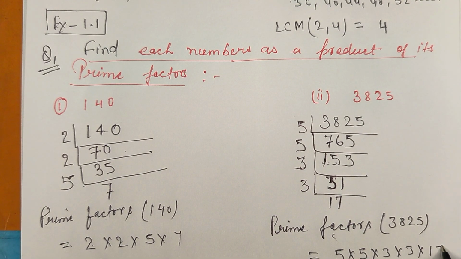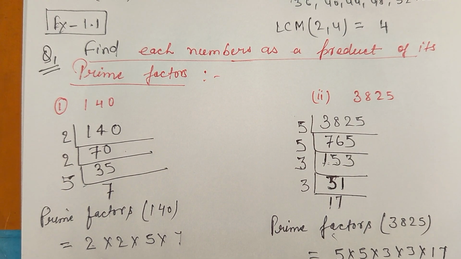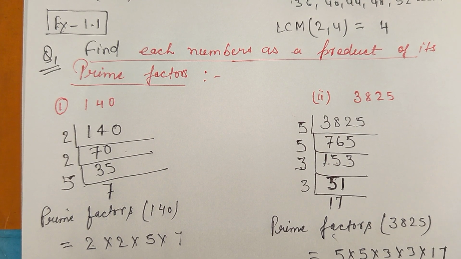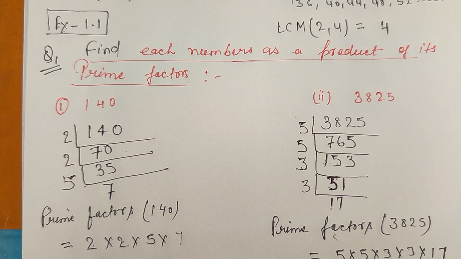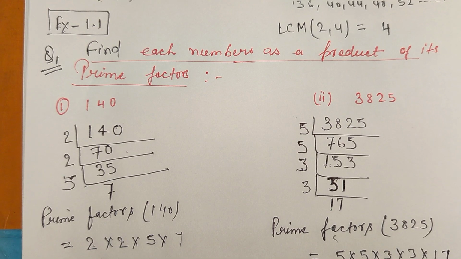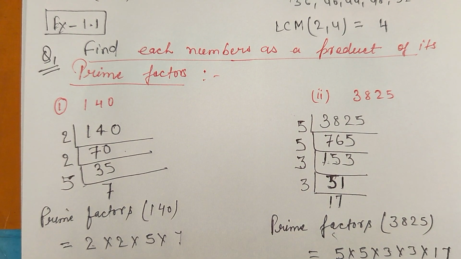We write it this way: first the smallest, 3 power 2, then 5 power 2 and 17. This is the prime factorization of this number.